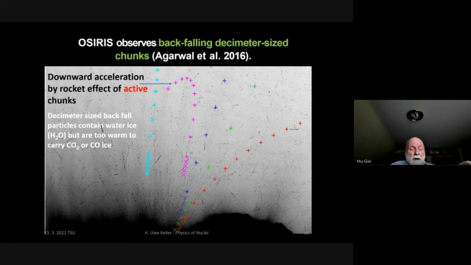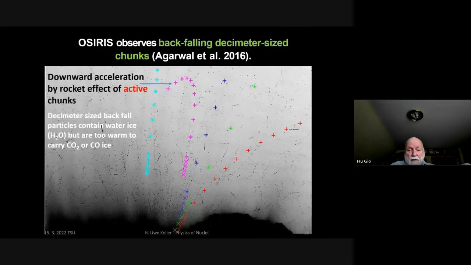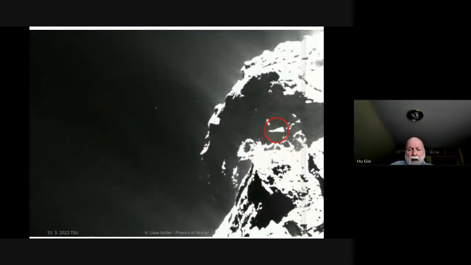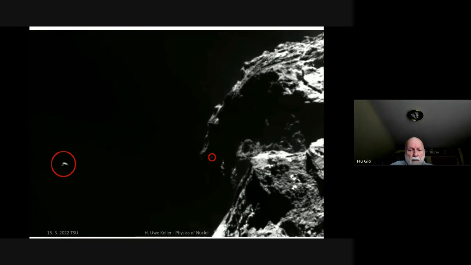also large particles are lifted from the surface, and the question is, how do you really do this? How do you lift decimeter-sized particles, meter-sized particles, with very low pressure, just from sublimation of water ice? Here you can see bigger particles, meter-sized particles, between the nucleus and the spacecraft rotating, and you can see how it moves away.